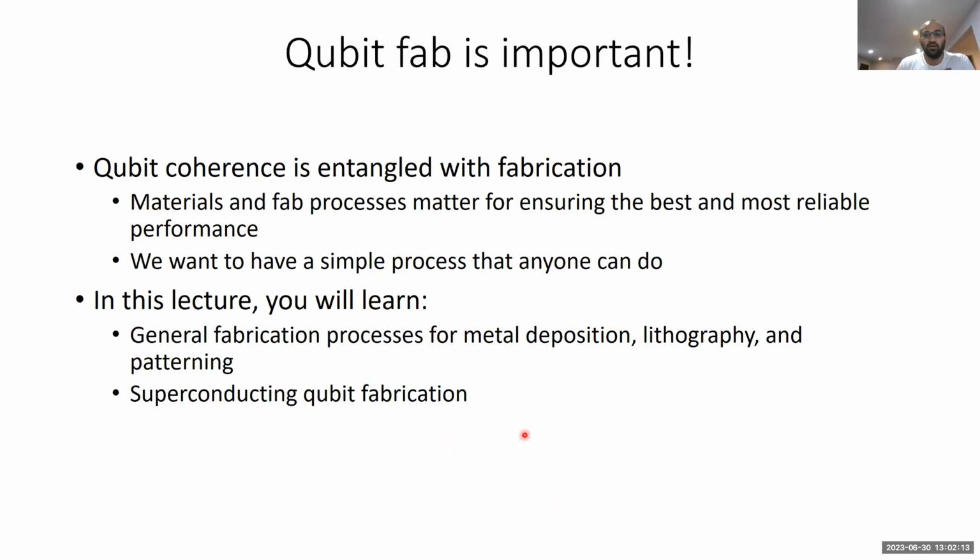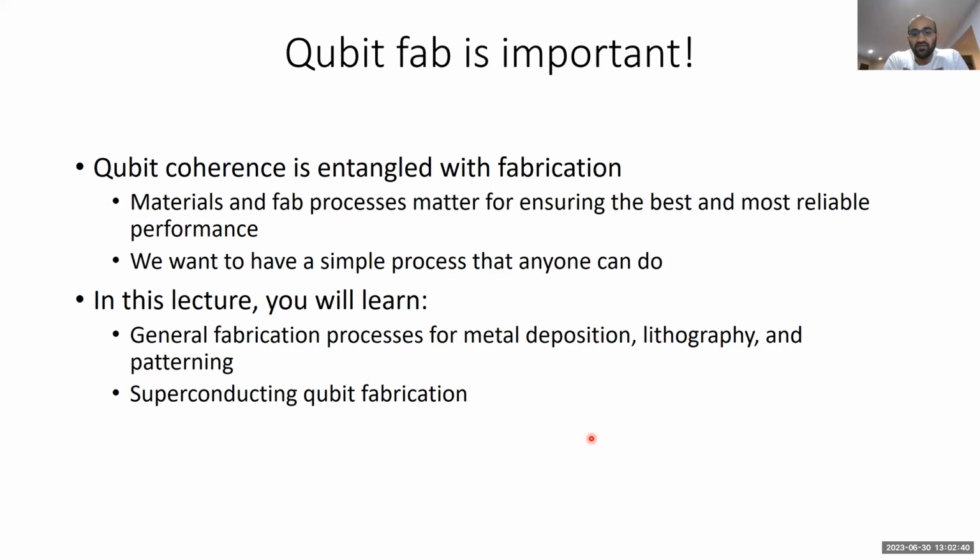And if you want to optimize everything, it's going to take a lot of work and a lot of resources. But in a research environment, it's important to have a process that's reliable and simple enough that anyone can do. So I hope in this lecture that I can communicate some of the basic fabrication processes that are involved in qubit fab. In particular, I'll go over the basics of metal deposition, lithography, and patterning, and give you a general overview of how to fabricate a superconducting qubit.